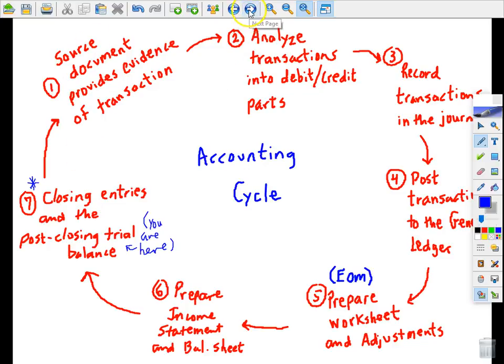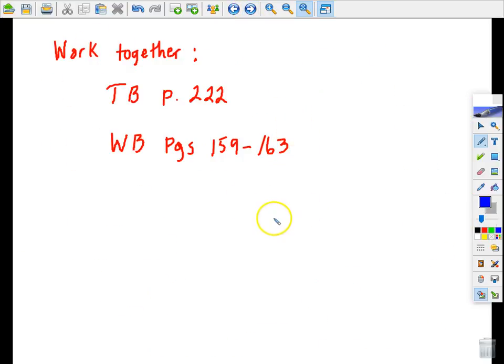So let me walk you through the process, and we're going to use the work together problem in your textbook. That's page 222, and in your workbook, it starts on page 159.